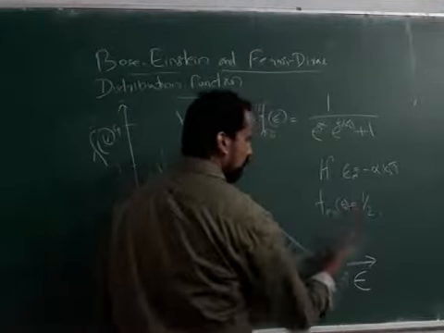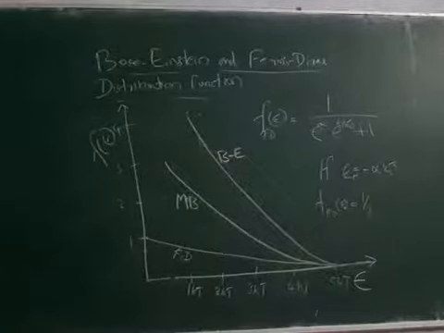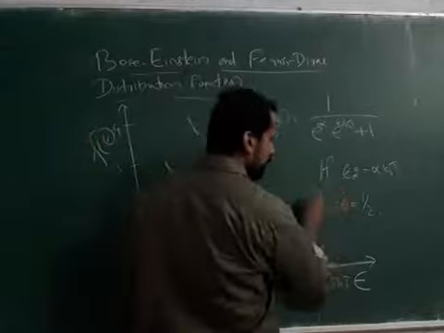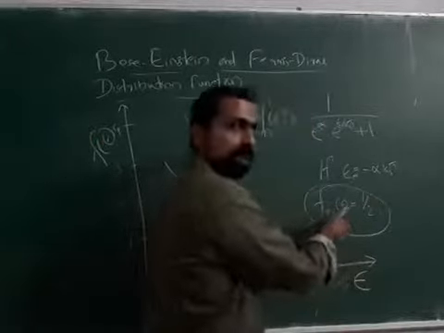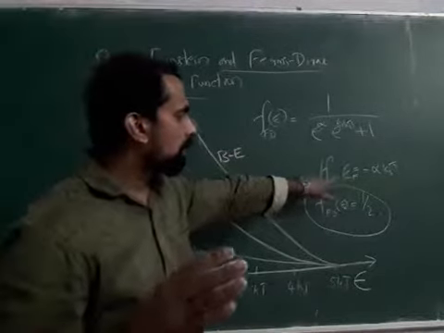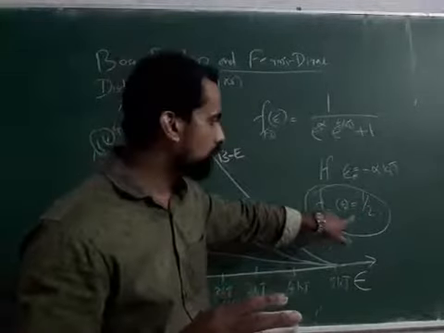So here if you consider a system of fermions at T equal to 0, that means absolute temperature equal to 0, and investigate the occupancy of states whose energies are less than epsilon F and greater than epsilon F. These two situations we will look at, because at epsilon equal to epsilon F you got the Fermi-Dirac distribution function equal to half.